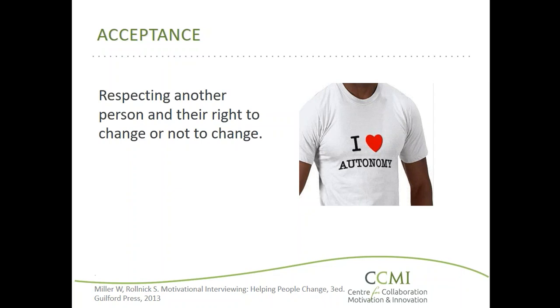To provide accurate empathy is another component, which is an active interest in and effort to understand the other's internal perspective, to see the world through his or her eyes. And lastly, to affirm the person's strengths and efforts. Empathy is considered a part of acceptance in MI, and it was found that physician empathy ratings predict average blood sugar control of their patients, in a 2011 study by Hojat.